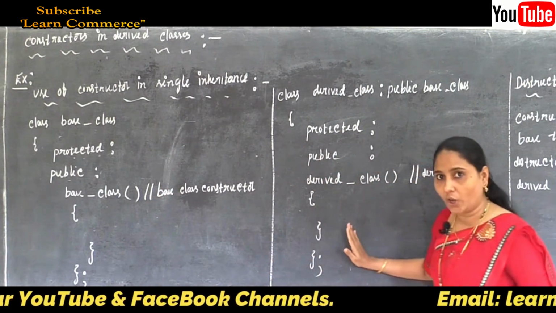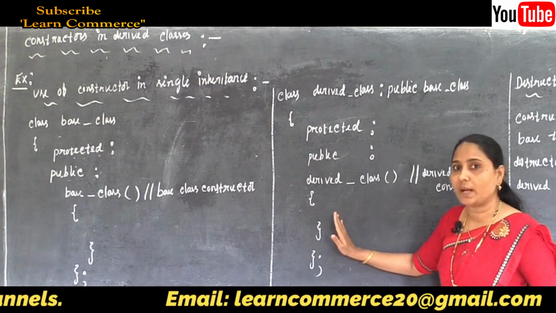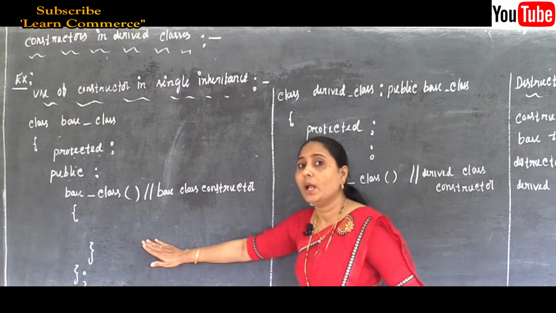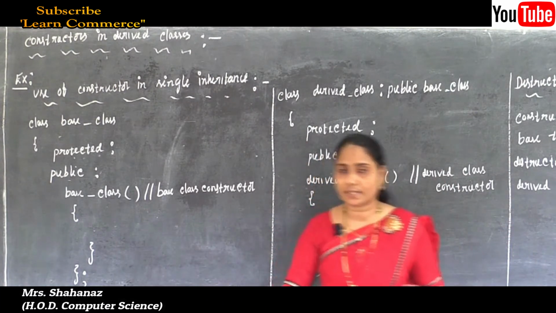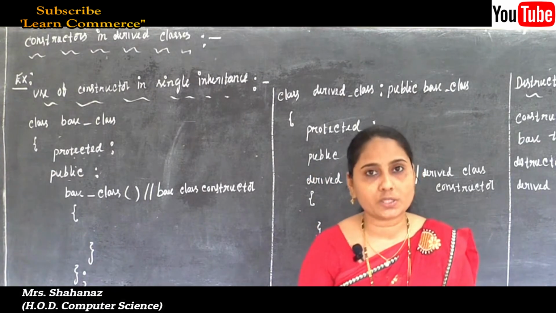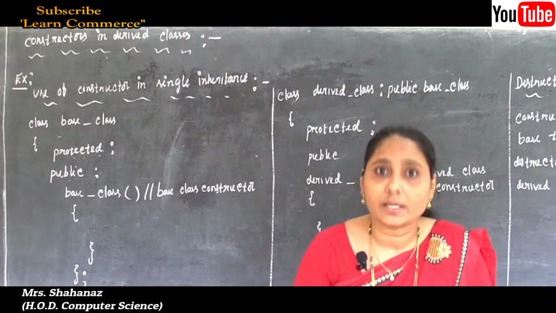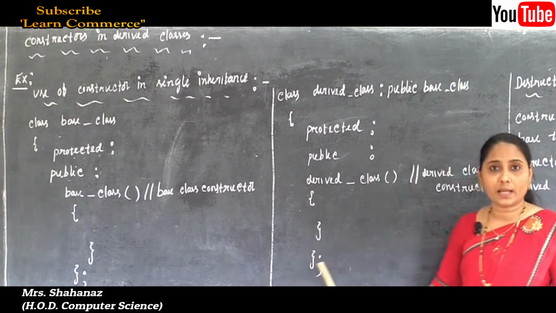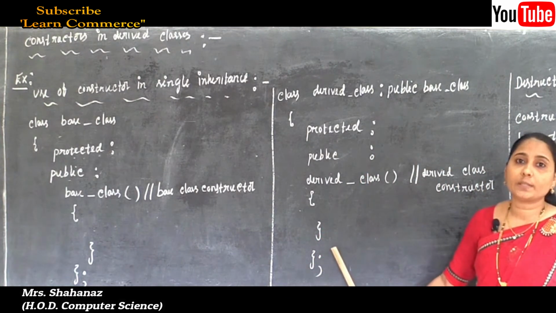After creating the object, the derived class passes whatever values there are to the base class constructor. So it is the responsibility of the derived class to supply the initial values to its base classes.